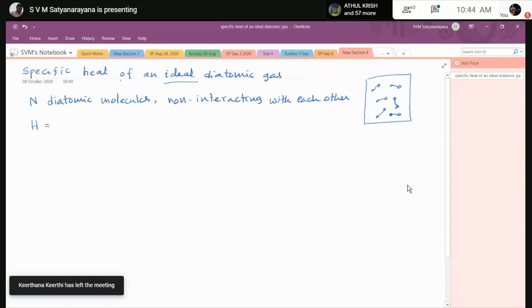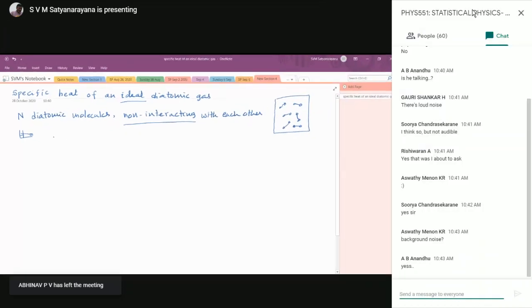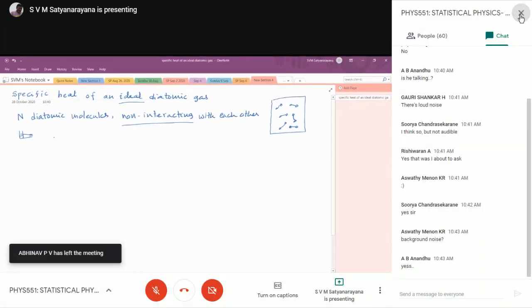Before I write it down, let me first say that because these are non-interacting, what is the advantage of non-interacting? Any idea from our previous experience? So we can treat the Hamiltonian of them separately. Like we can add them. Yeah, correct.